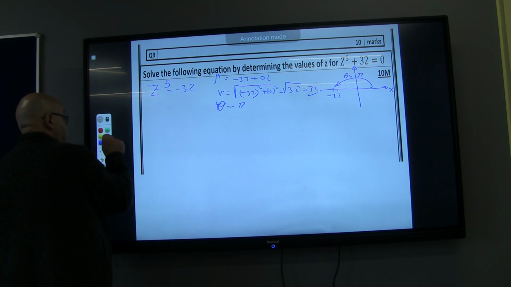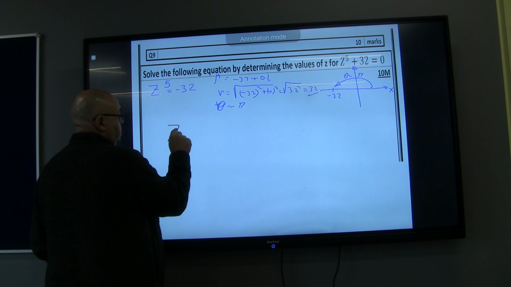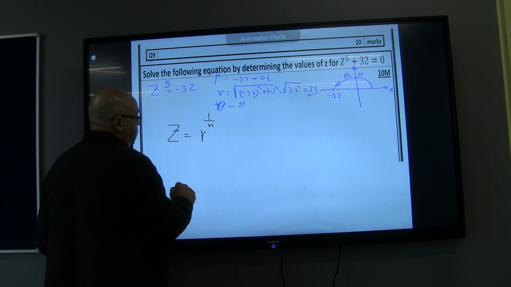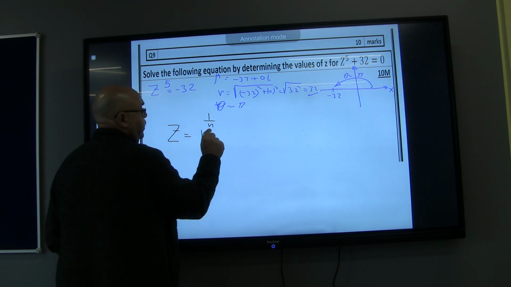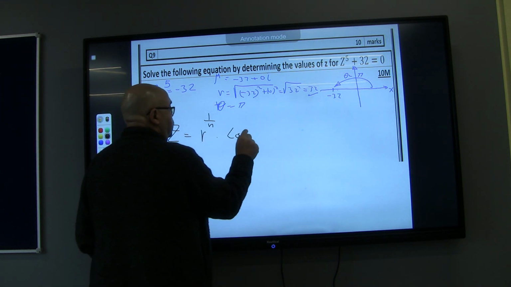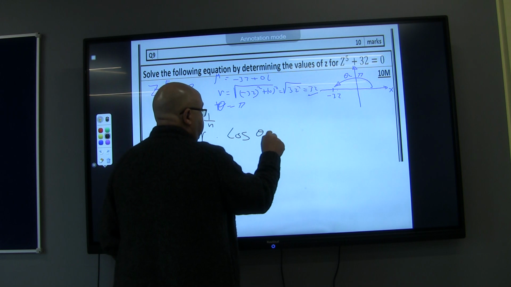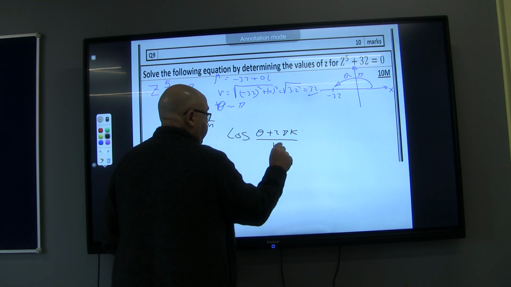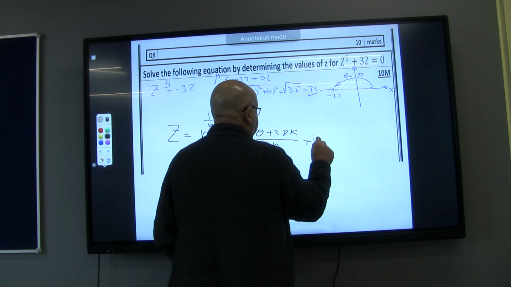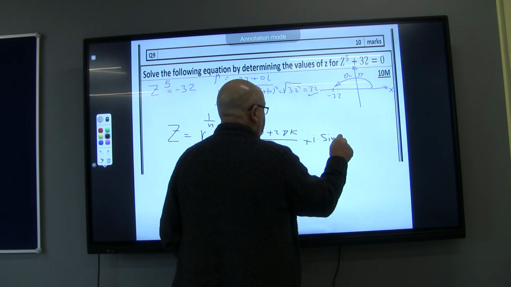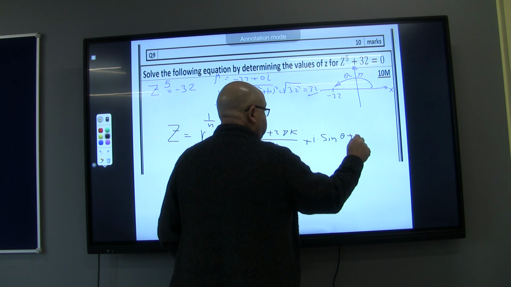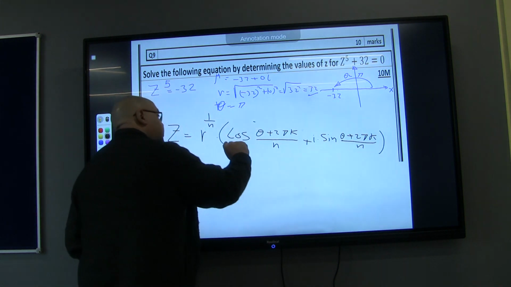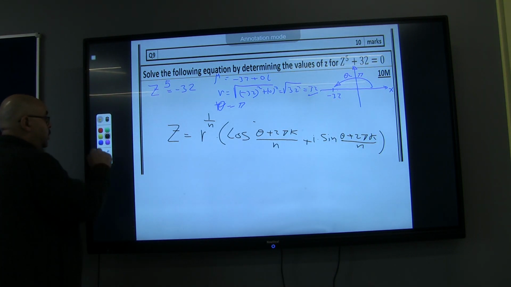We already know that if I want to have z, the nth root is going to be r to the power of 1 over n times cosine of theta plus 2 pi k divided by n plus i times sine of theta plus 2 pi k divided by n, and this is the form for the nth root.